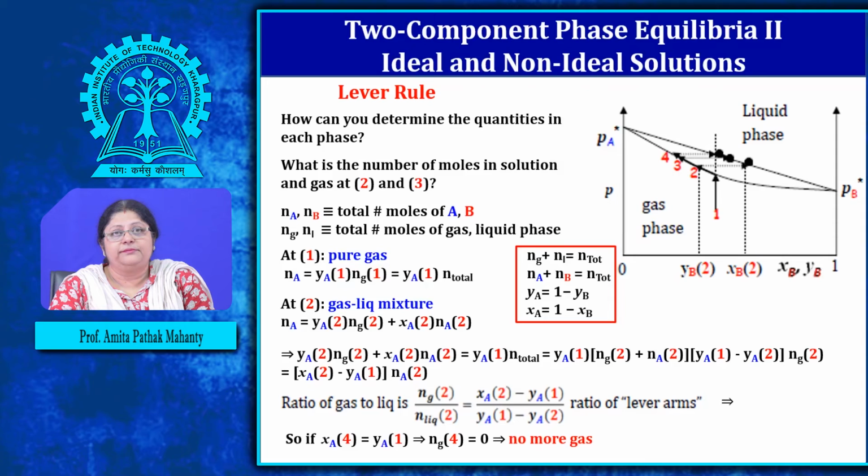I'm finding out this portion and this portion. So the ratio of G gas by G liquid for any position 2 is nothing but, from the point 1, you take one arm and the other arm, the ratio of the two arms.